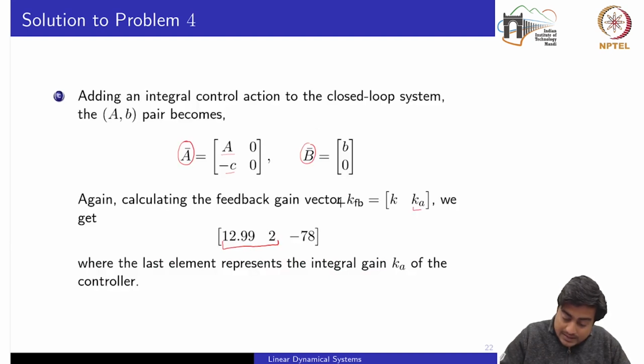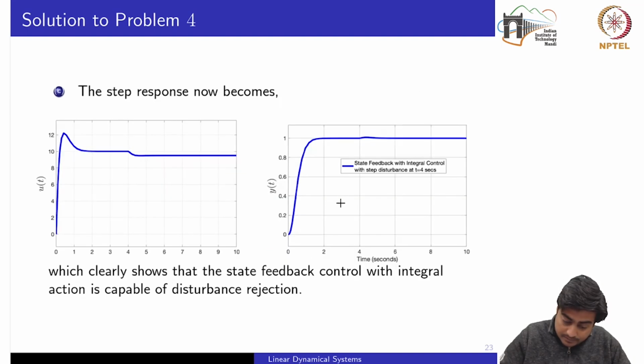You can use either method, the eigenvalue assignment method or the Lyapunov-based method. Now if we pay attention to the closed loop signals of the system on which the disturbance is acting, you see that when the disturbance is added at t equal to 4, the output almost tracks the reference signal.